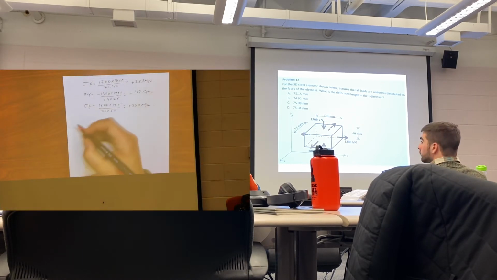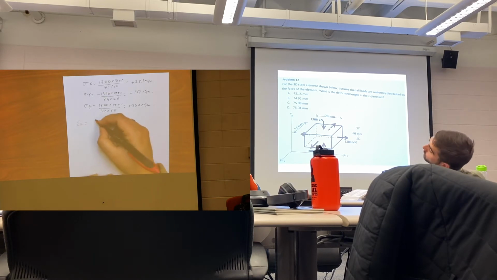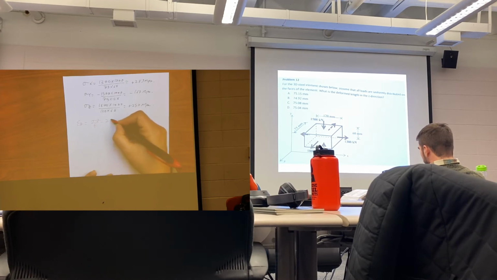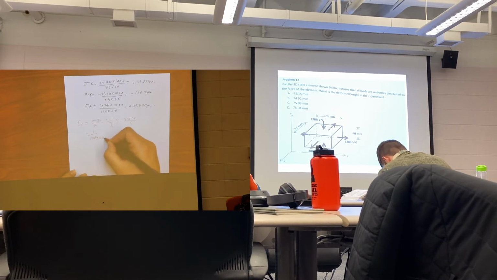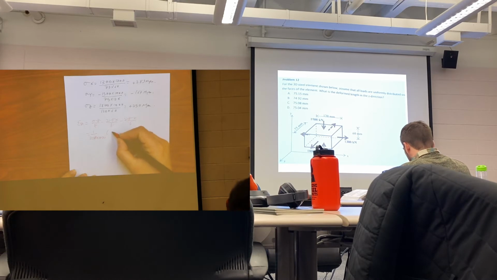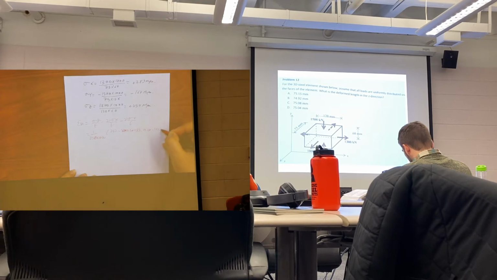I'm trying to get epsilon Z, which will be sigma Z over E minus nu sigma X over E minus nu sigma Y over E. Be mindful of your signs. 1 over 200,000 megapascals times sigma Z 250, minus nu times sigma X, 0.3 times 289, minus 0.3 times negative 167, which will give you the strain 1.067 times 10 to the power negative 3.